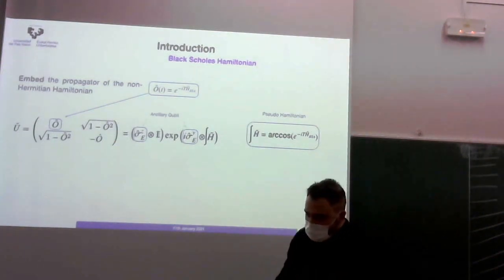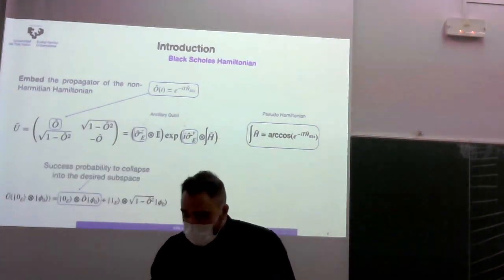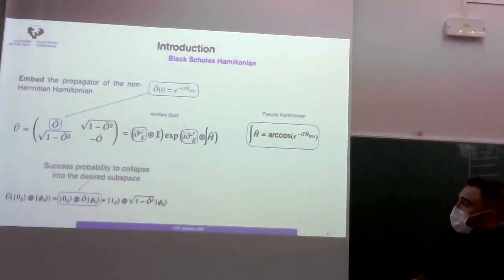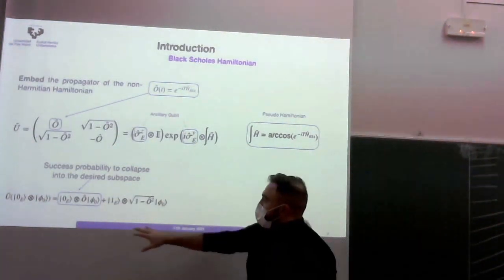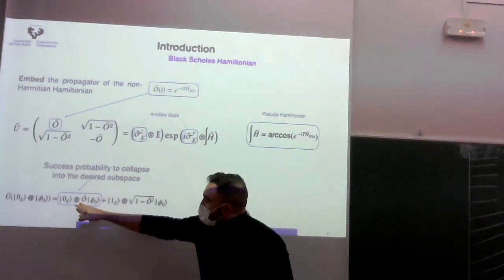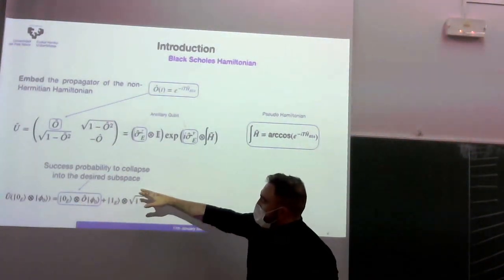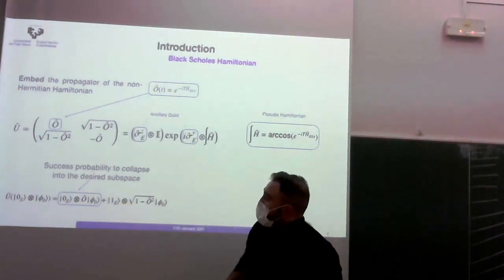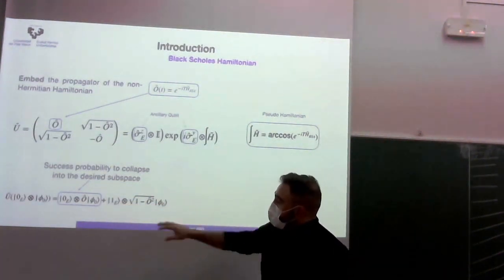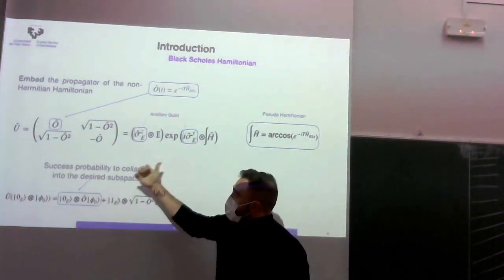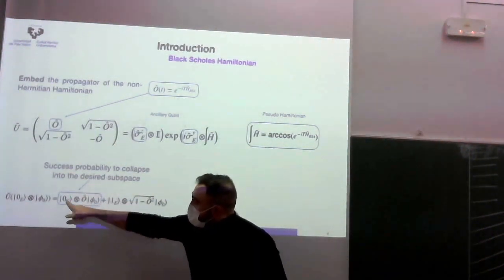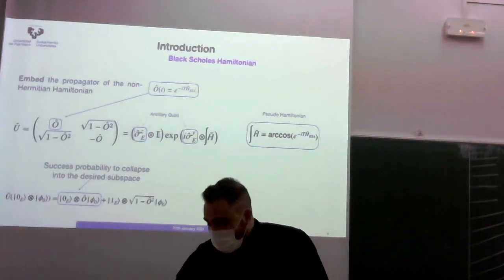So now the point is that once we evolve our system, because we have a large space, this subspace is going to lose probability that is going to be transferred to this subspace of the ancillary qubit, and therefore we have that the desired dynamics corresponding to the non-unitary operator is going to be related with the zero state of the ancillary qubit.